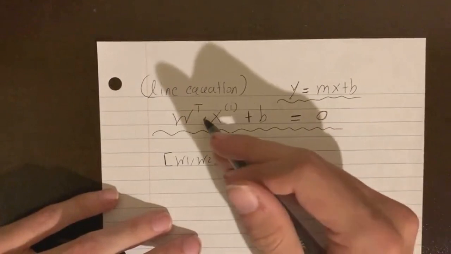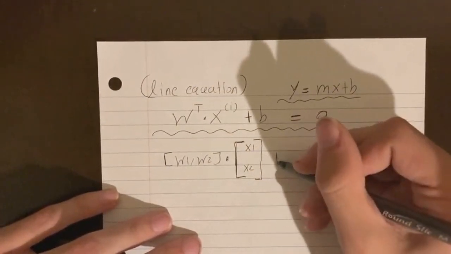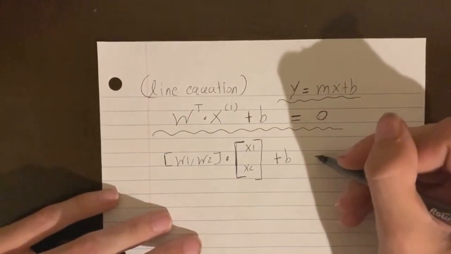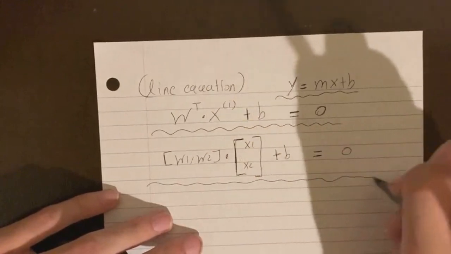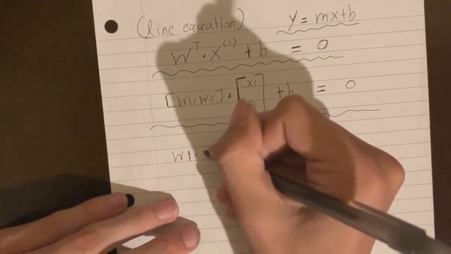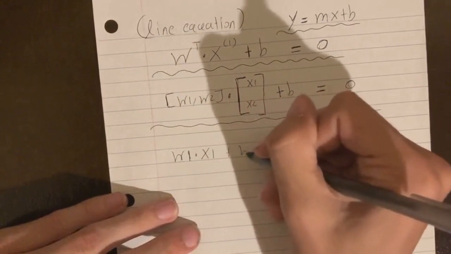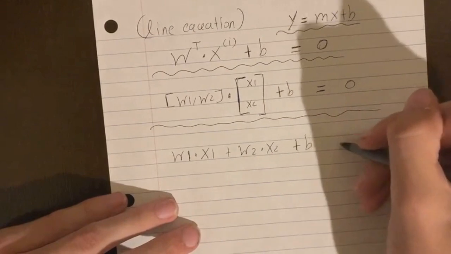We take the dot product between these two vectors and add b, and we set that equal to 0, so that this is rewritten as W1 times X1 plus W2 times X2 plus b is equal to 0.